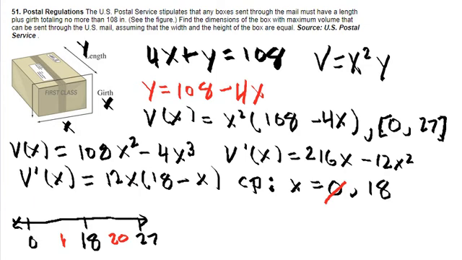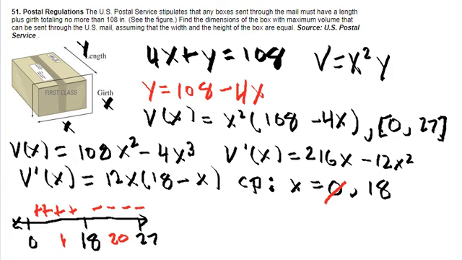So we're plugging 1 into the first derivative, and that tells me that it's going to be positive from 0 to 18. But if I plug in 20, notice that you have 12 times 20 times 18 minus 20, which is a positive times a negative, which is still negative.